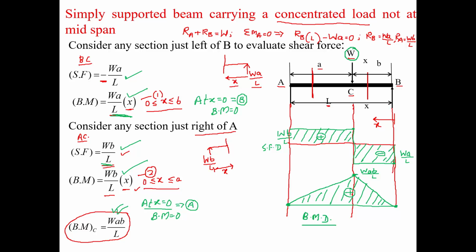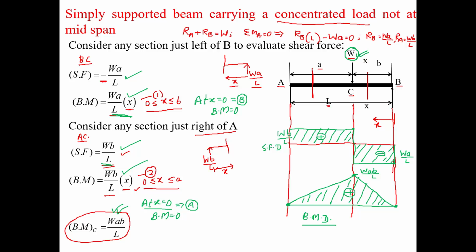So whenever you have a point load on the beam, there will be a sudden jump in the shear force diagram, and the extent of the sudden jump will be equal to the magnitude of the point load, right? Now if we compare the shear force diagram and the bending moment diagram, the degree of the bending moment curve is one higher than the shear force curve.